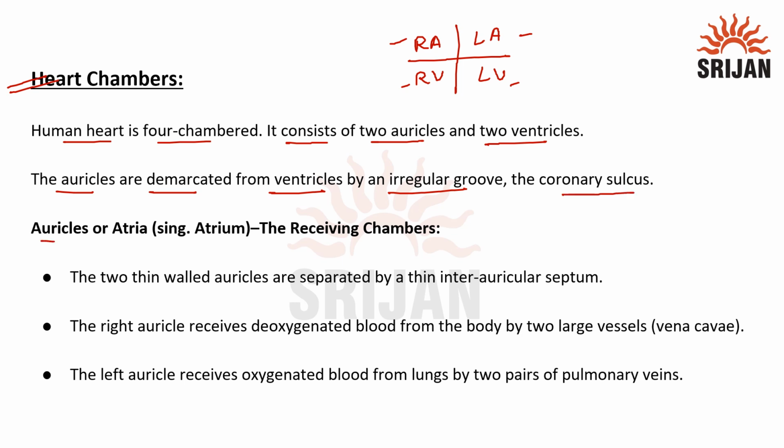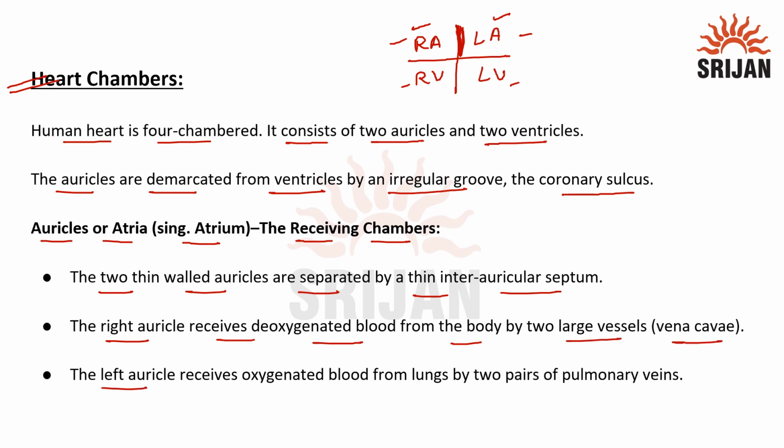Let's talk about auricles or atria. Singular atrium, it is the receiving chamber. The two thin-walled auricles are separated by a thin interauricular septum. So here we have the interauricular septum that is going to separate the right auricle from the left auricle. The right auricle receives deoxygenated blood from the body by two large vessels, that is the vena cava.